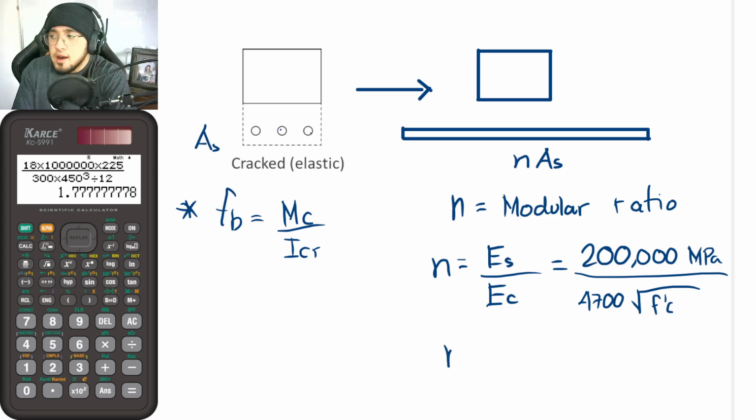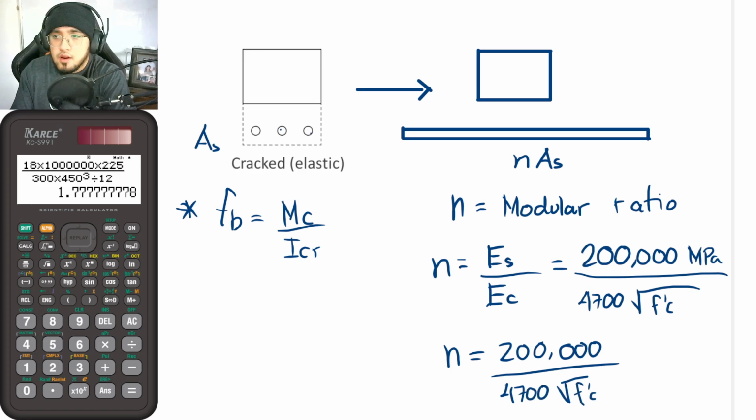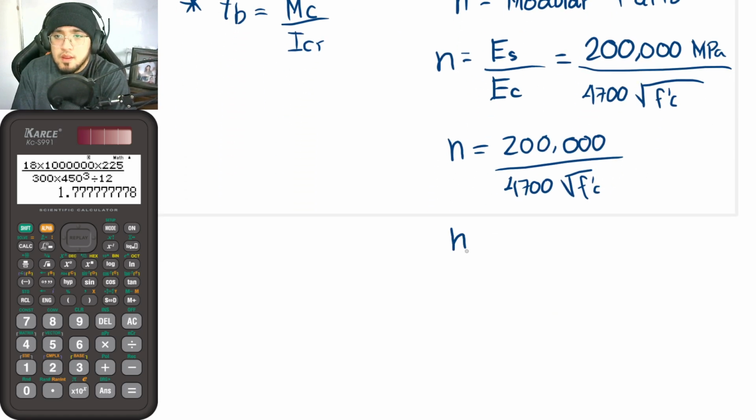From that, our n is now equal to 200,000 divided by 4,700 times the square root of f'c. Solving for this value, looking once again at the calculator to your left: 200,000 divided by 4,700 times the square root of 21.